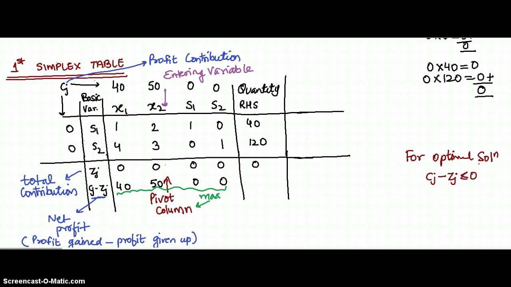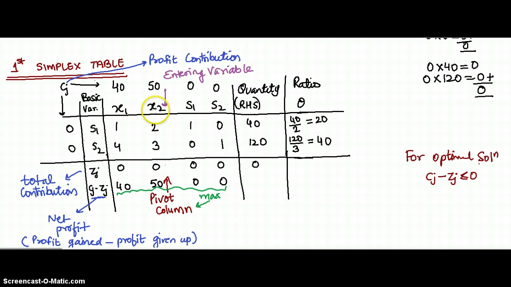For that we need to make one calculation which we denote by theta, that we call the ratio. We divide this RHS quantity 40 by the coefficient in the pivot column, 2, so this gives us 20. Similarly, we divide this 120 by the coefficient in the pivot column, which gives us 40.